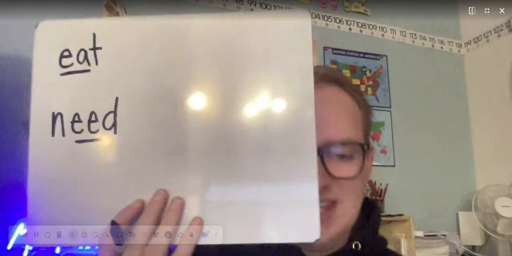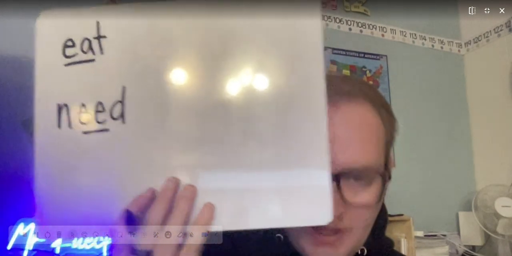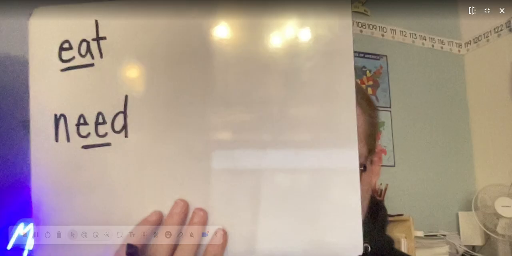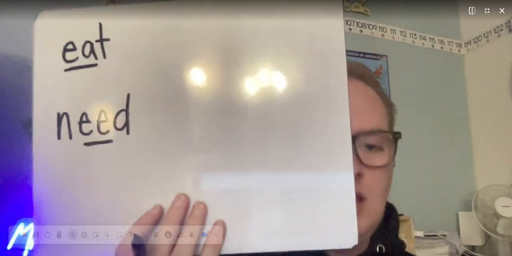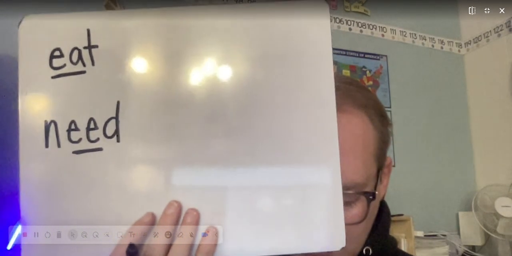Okay, the next word is going to be need. Need. Need is spelled with EE. Remember, you can pause the video at any time if you need a break or if you just need another second to write down what I'm asking you.